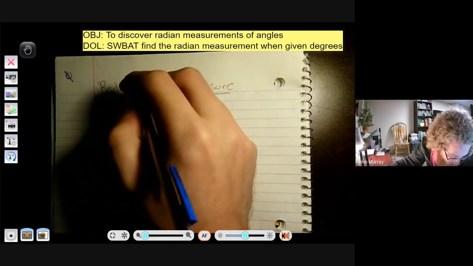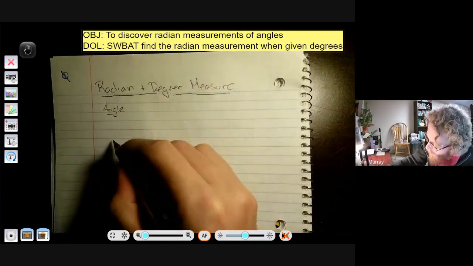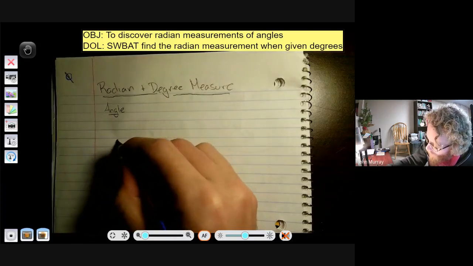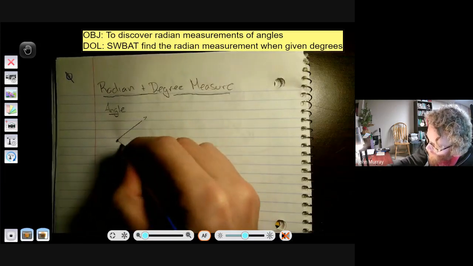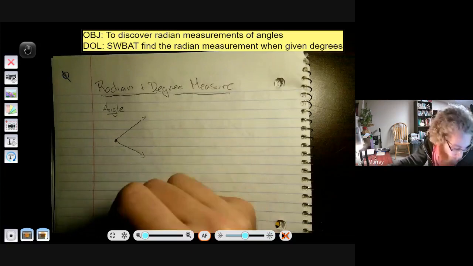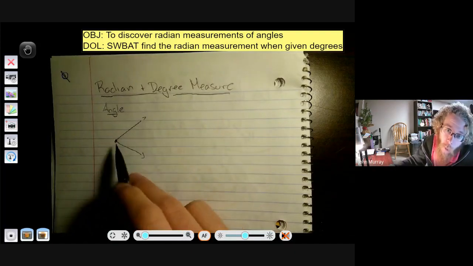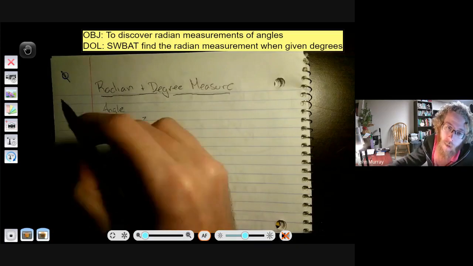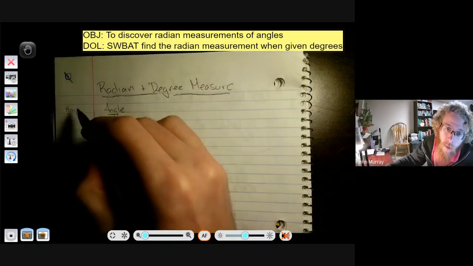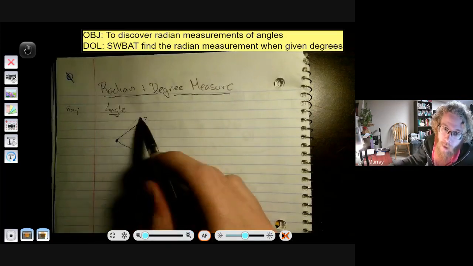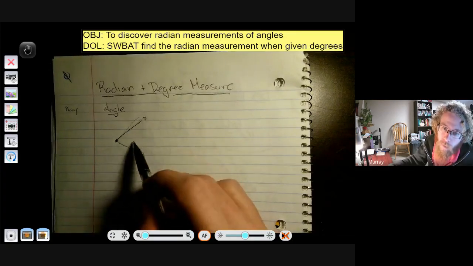There's two ways of looking at an angle. Well, the basic angle, we need two rays. So if you remember, a ray has a starting point and then it continues on forever.